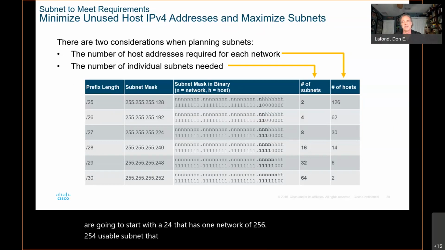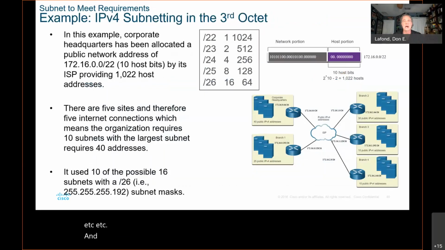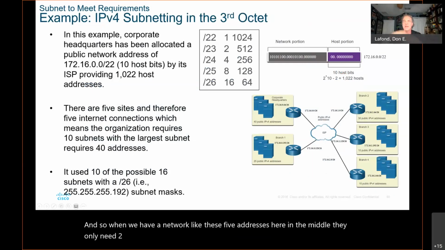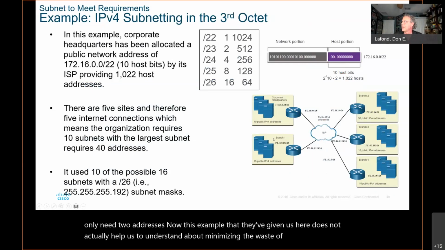That's a /25, two networks of 128, 126 usable, et cetera. And when we have a network like these 5 addresses here in the middle, they only need 2 addresses. Now this example that they've given us here does not actually help us to understand about minimizing the waste of addresses, but it does show us a bit of a challenge.